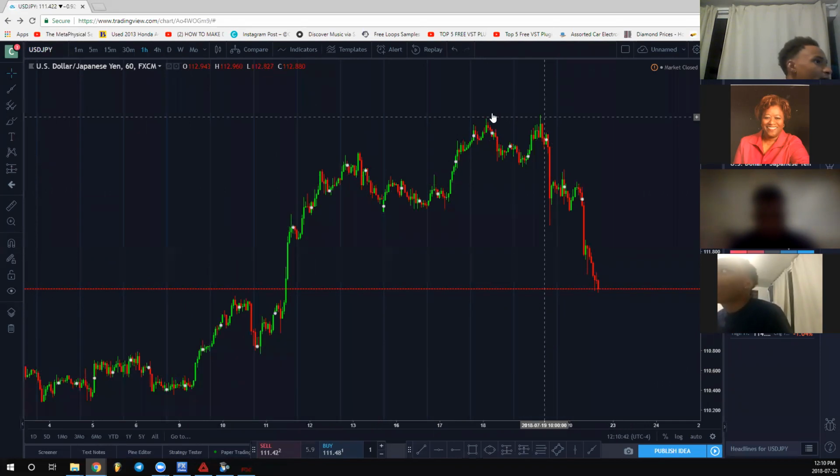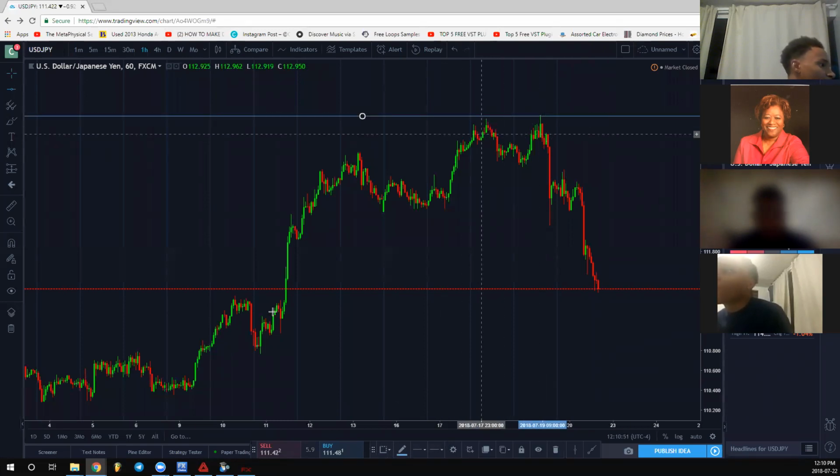Okay. So then what we'll do is we'll draw a horizontal line above it. Now, what we're gonna do is we're gonna go from here. So this will be point number 1.